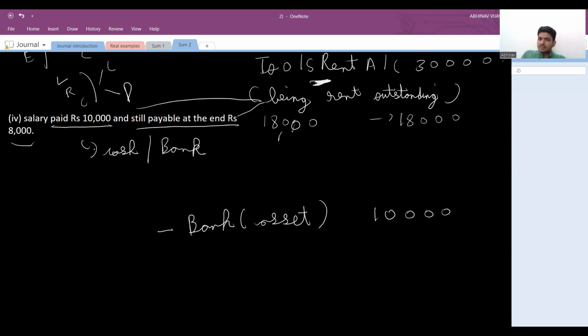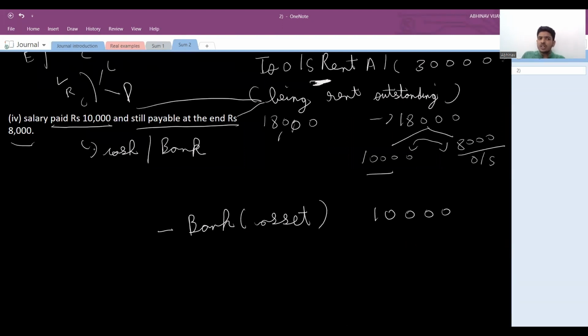This is a different case. You go to the employee, you pay him 10,000 cash. And 8,000, you say that I'll pay later. So 8,000 is outstanding. So it's an obligation or a liability on your head to pay 8,000 later. So if 10,000 is paid, 8,000 outstanding, that means 18,000, that is the total, is the actual salary.